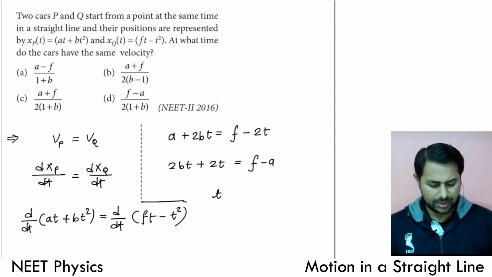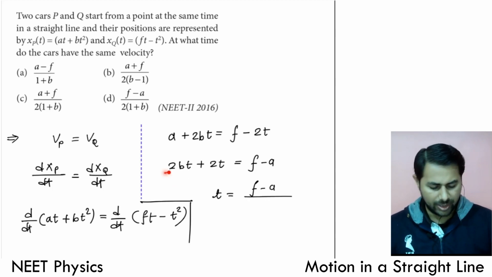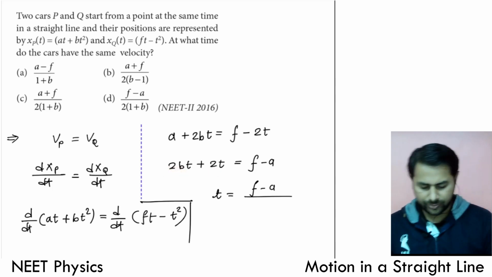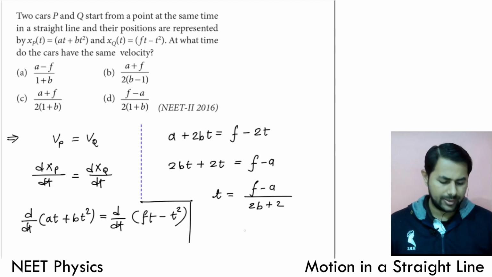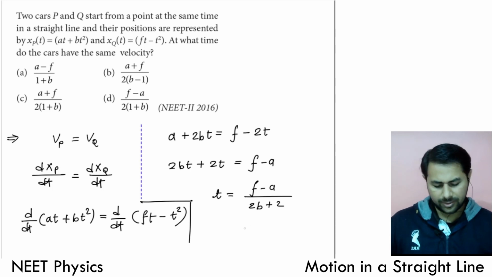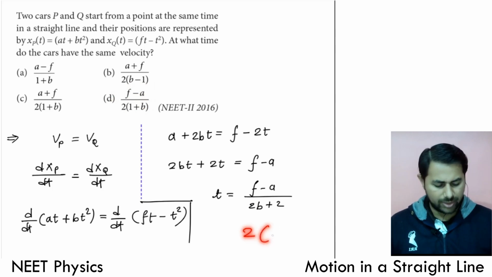You can take t common, and then there is nothing else in the question. It is f minus a divided by, taking t common, 2b plus 2, right? So that is the answer, and f minus a is there in only one option. It's option D, f minus a, and in the denominator you can take 2 common, so it's b plus 1 or 1 plus b.